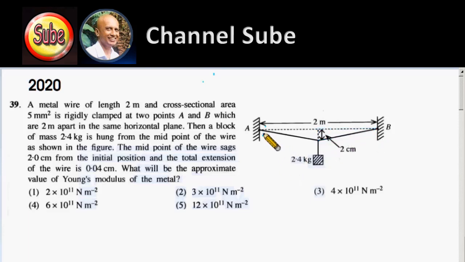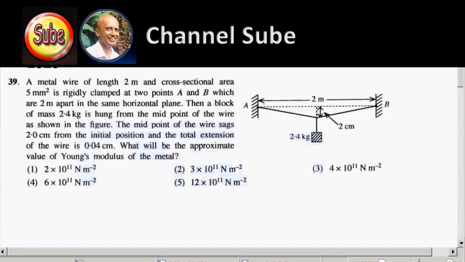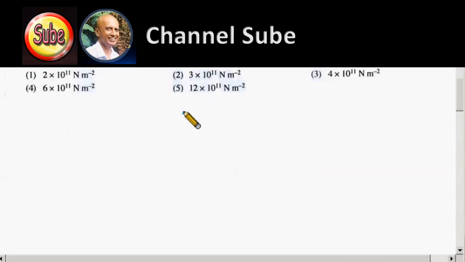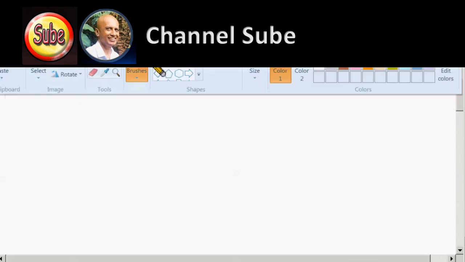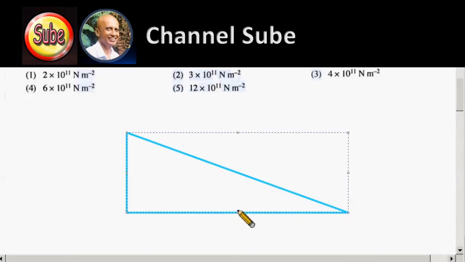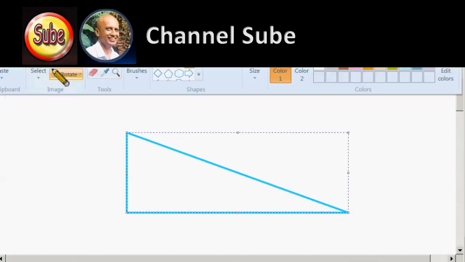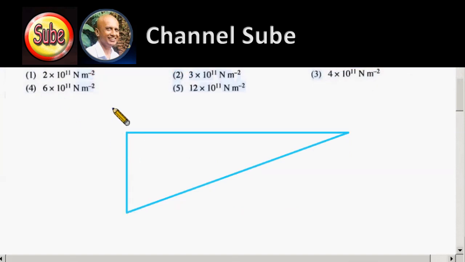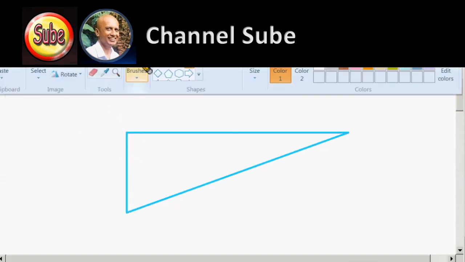So let us draw it so that we can write the information. The triangle, the right side one, is like this.